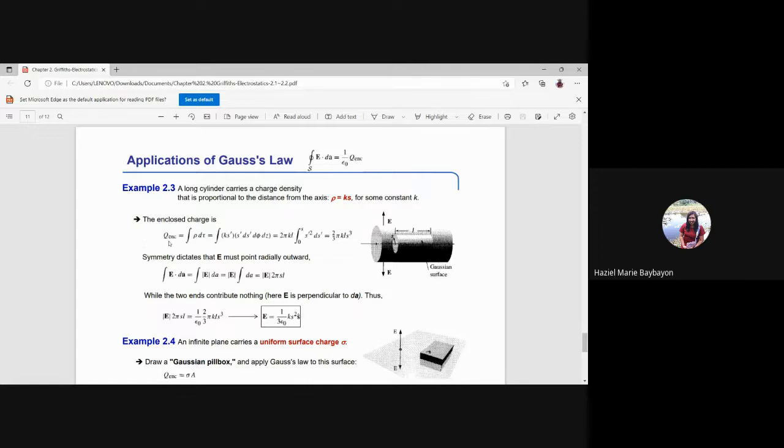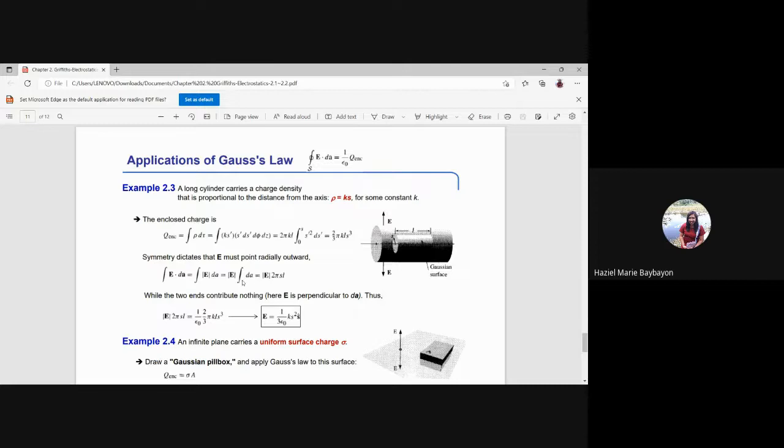So, first, you get the enclosed charge. And then, here, you have the integral of E dot dA. Since E is constant at any point on your surface, E will not change. It is constant for the same value of S. So it can be taken out of the integral sign, and what is left is dA.